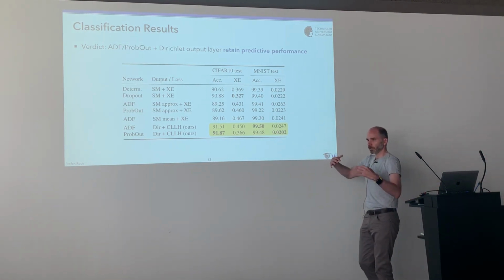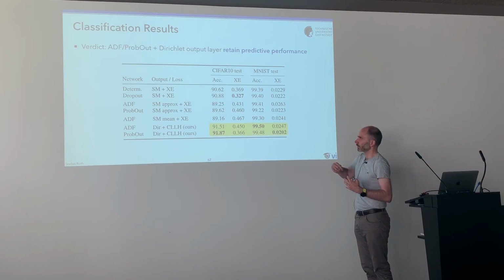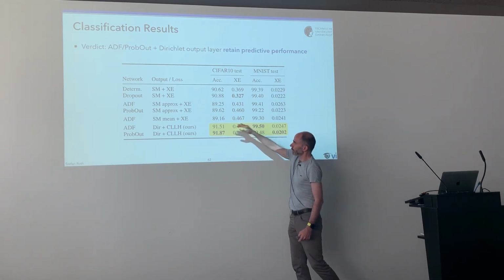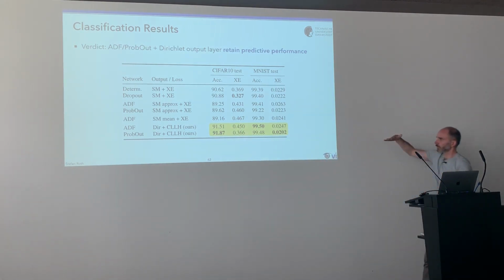Here it might occur because we have a different learning target. We now want to score the entire distribution. And it turns out with both variants of our network, with this assumed density filtering and the probabilistic output layers, we get fairly good accuracy on standard networks with standard data sets.